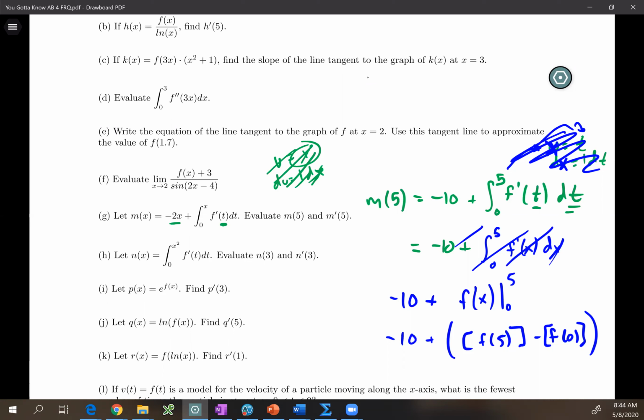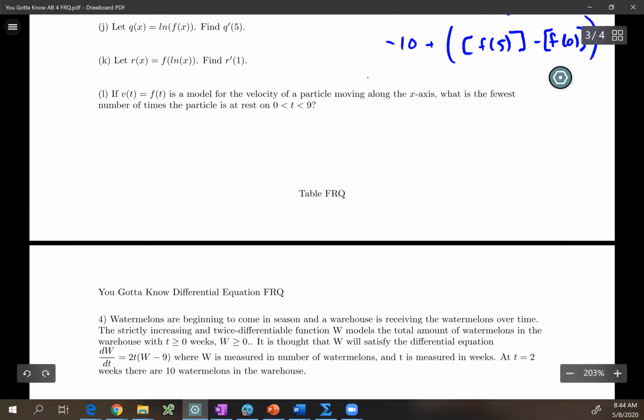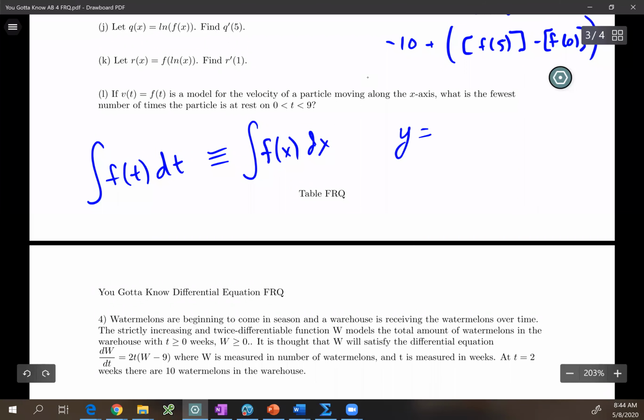Now, with the derivative, Elvia is asking about multiplying by the derivative and whatnot. It's a little bit different, right? An integral of f of t dt is the same as having f of x dx. You'll get the same answer. But if we have y equals f of x versus y equals f of t, these are totally different.